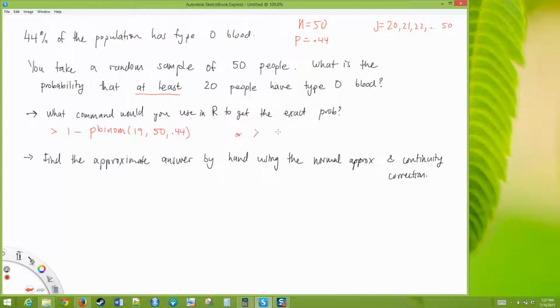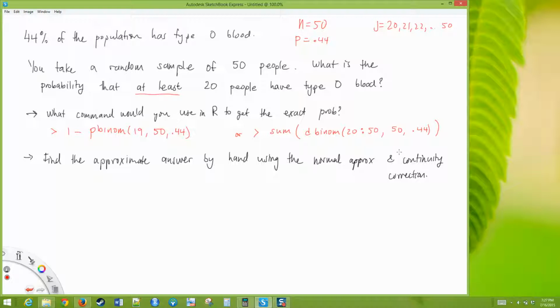Or I could sum up all of the numbers for dbinom from 20 through 50, 50, 0.44, and close it off with 2 parentheses.